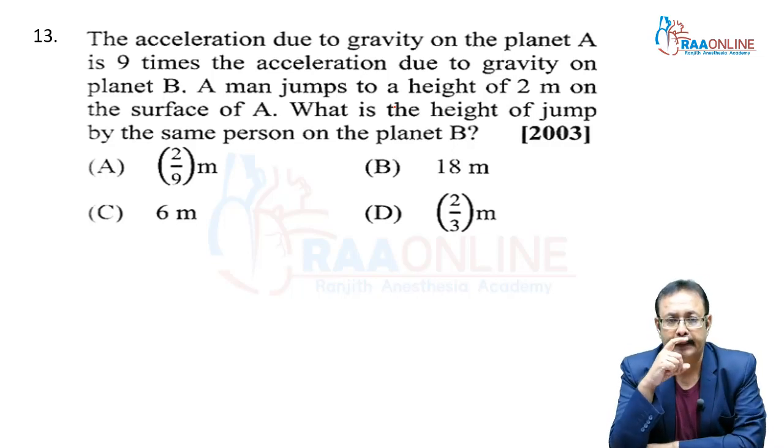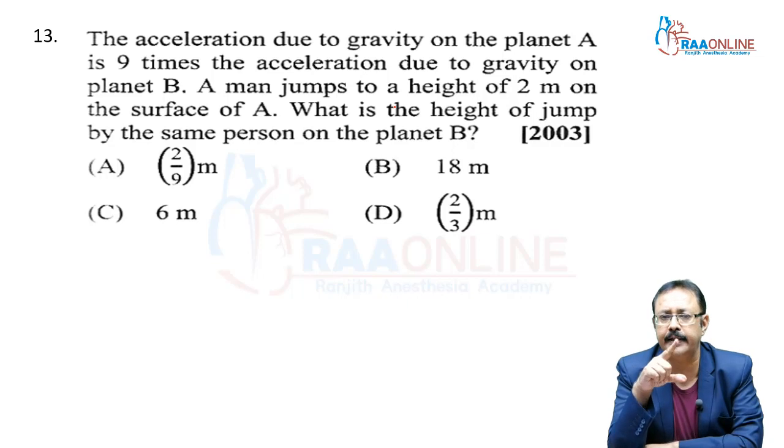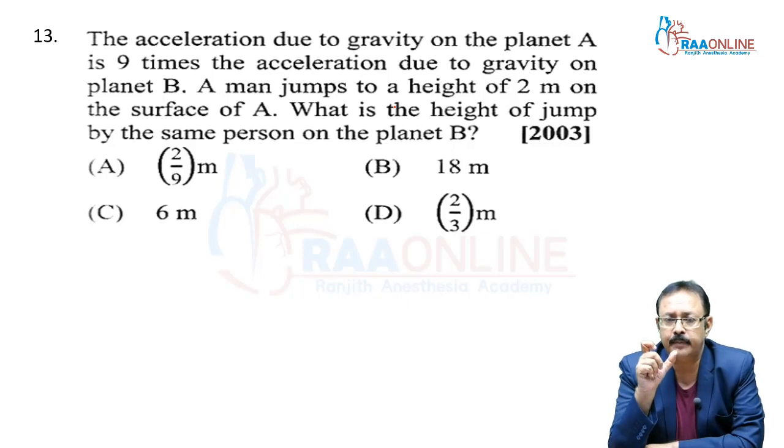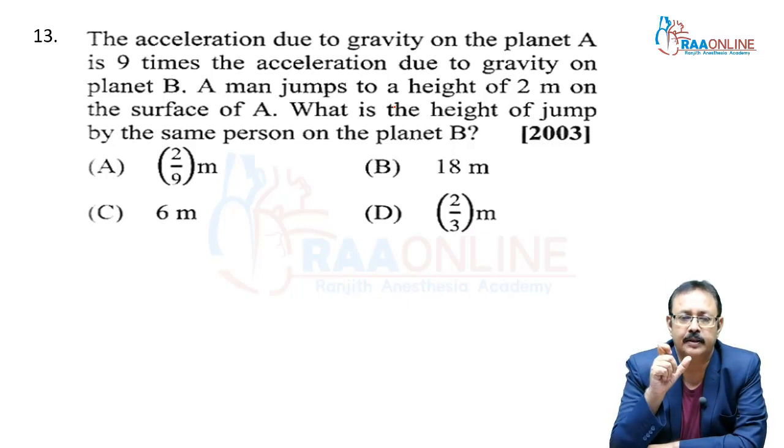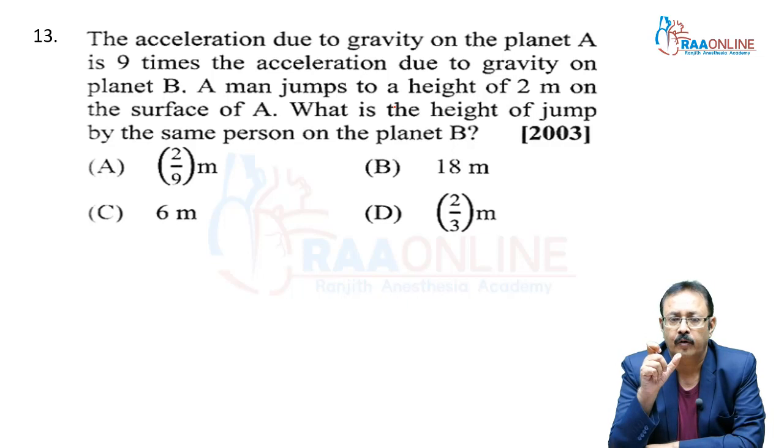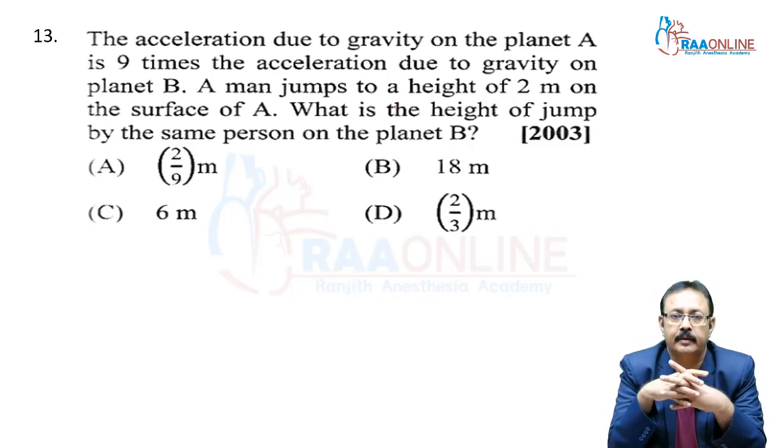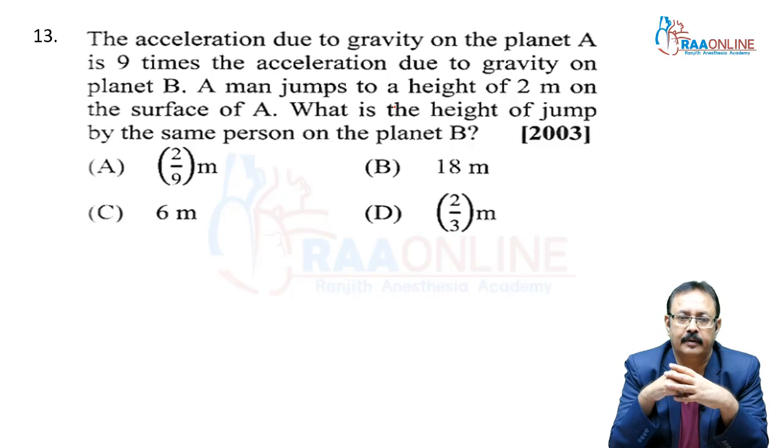Next, the acceleration due to gravity on planet A is 9 times the acceleration due to gravity on planet B. A man jumps to a height of 2 meters on the surface of A. What is the height of jump by the same person on planet B? See, when you are jumping, what you are doing?